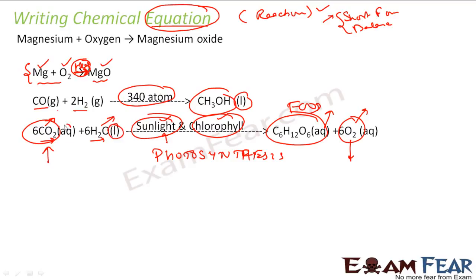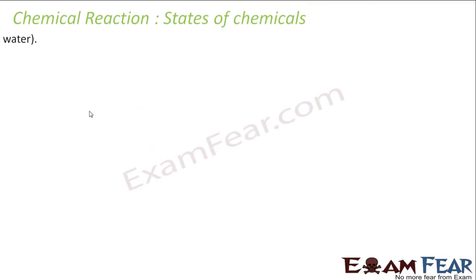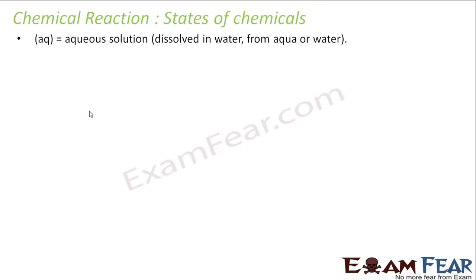So this is a typical example of a chemical equation where we write everything in the short form, right? Also we write the state of each substance. For example, this is aqueous, this is a liquid, and this is gas. So I'll take you through the states of chemicals in a typical chemical reaction. Aqueous solution is something which is dissolved in water, right? This is coming from the word aqua. For example, you take the common salt which you use, NaCl. If you see, it's a solid thing, right? But the moment you put it in water, this becomes an aqueous solution.